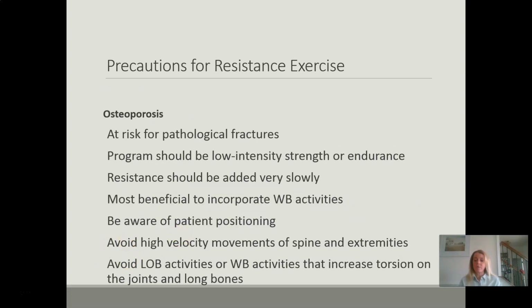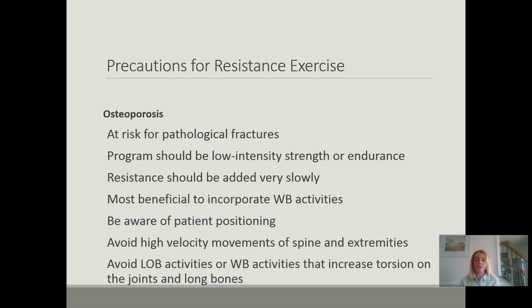With osteoporosis, we do need to be a little careful with these patients because they are at a higher risk for fractures because their bones have become weaker. So typically we want to give them a lower intensity strength or endurance type program. But it is very beneficial for them to incorporate weight-bearing activities, right? Their bones are weakened, so we want to try to strengthen them.